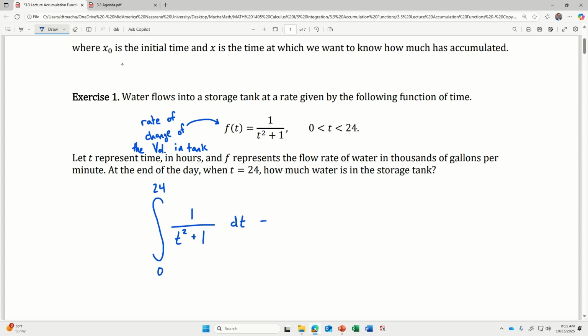And what's that antiderivative? Arctangent. So we have arctangent of 24 minus arctangent of 0.